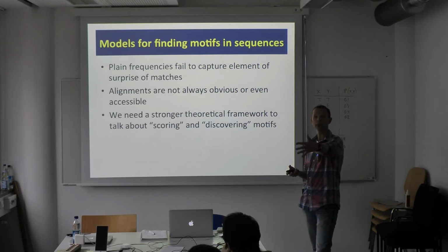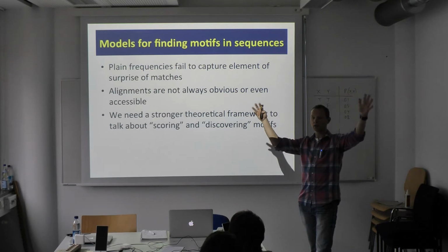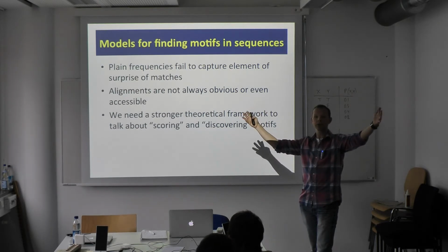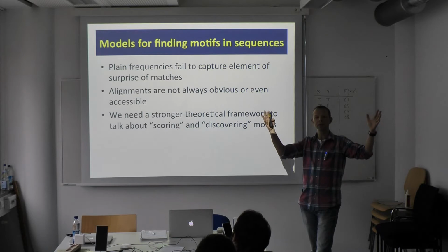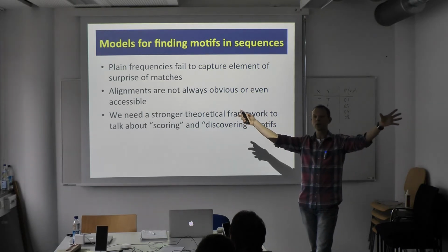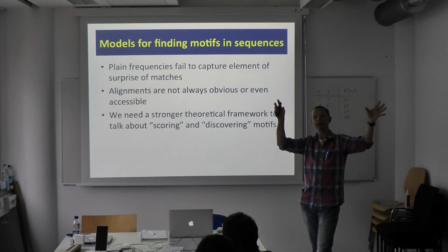So think back about the ChIP-seq data that I was referring to, which had maybe 100 or 200 nucleotides, and we had no idea where in that we would actually find our motif. We can't just rely on sequence alignment because most of that sequence would not align well at all.